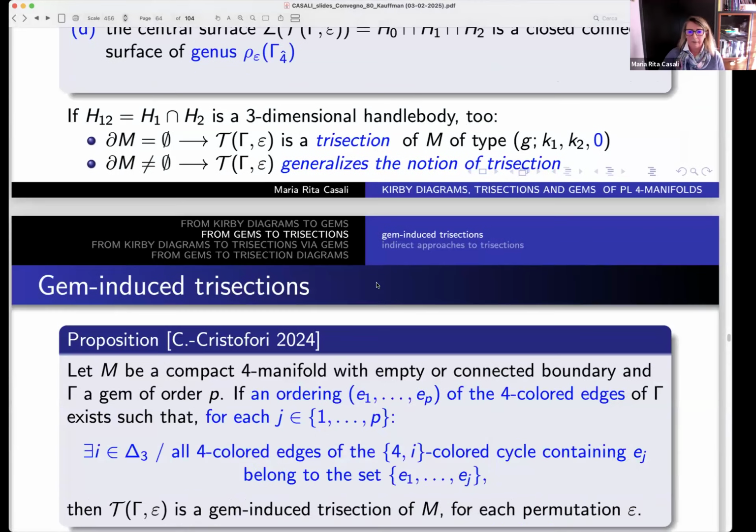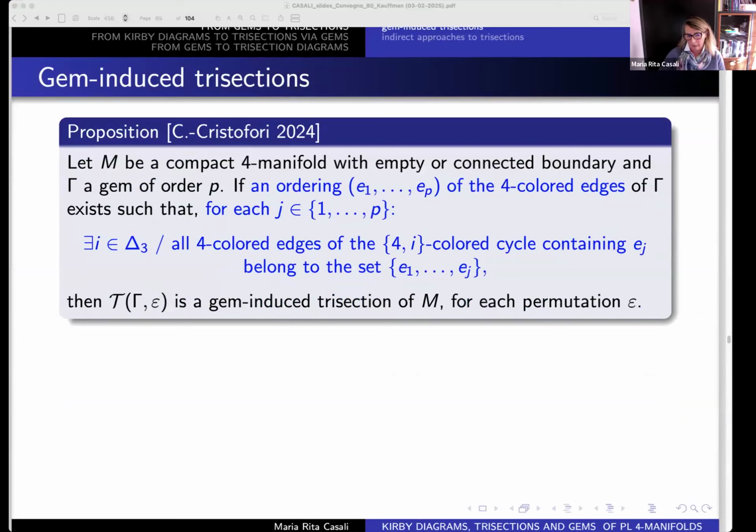We have detected the combinatorial condition which ensures the collapse of the third three-dimensional intersection, so as to have a gem-induced trisection. Without going into details, what is required is the possibility of ordering all 4-colored edges of the 5-colored graph, so as to satisfy a suitable property involving bicolored cycles, which exactly corresponds to a collapsing sequence of the third three-dimensional intersection.